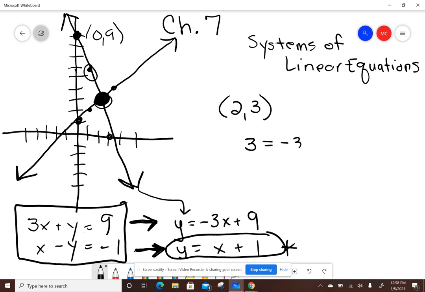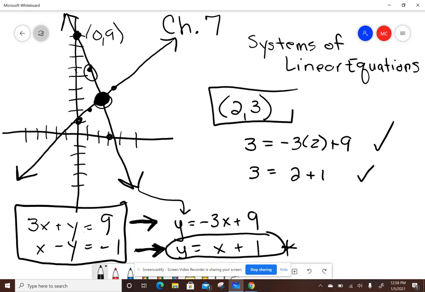Does 3 equal negative 3 times 2 plus 9? Check, it works. How about this? Does 3 equal 2 plus 1? Check, it works. So this point where the two intersect represents a solution to our system of equations because it is a solution that works for both equations.